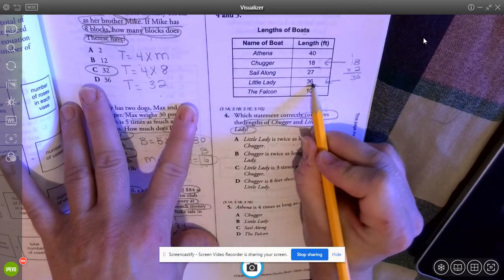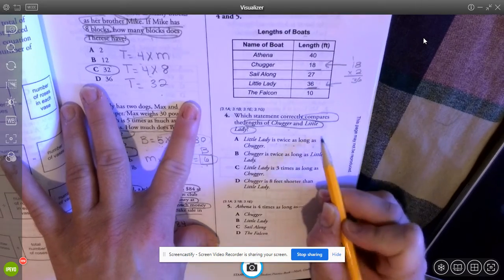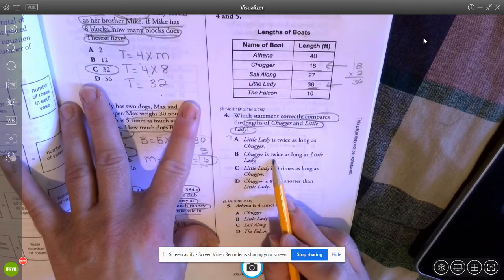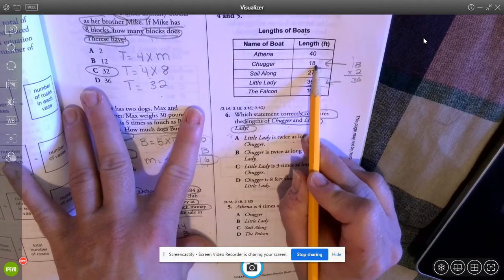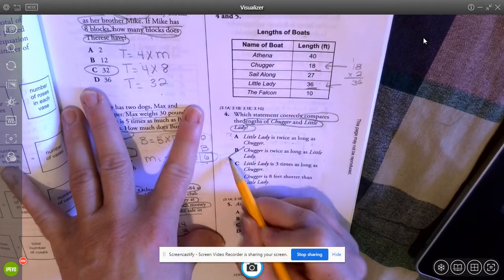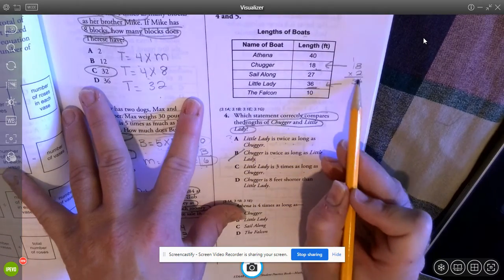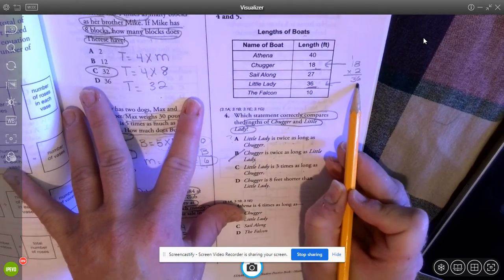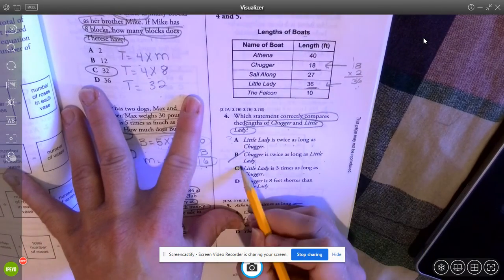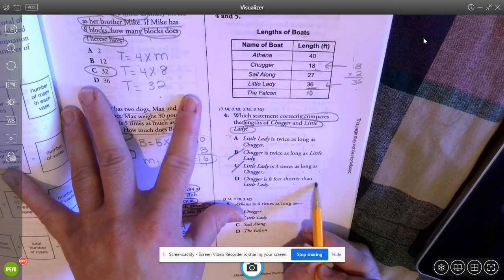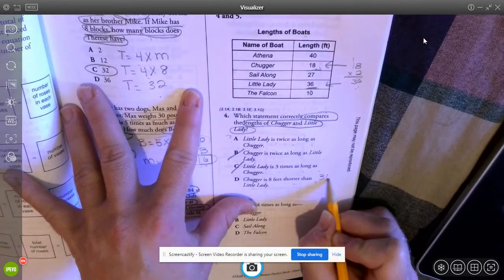Little Lady is twice as long as Chugger. So it's probably that one. Chugger is twice as long as Little Lady. Is Chugger bigger than Little Lady? No. Little Lady is 3 times as long. Well, we already saw 2 times is 36, and that's what we wanted. 3 times would be another 18. Chugger's 8 feet shorter. So that means let's say 36 minus 8.